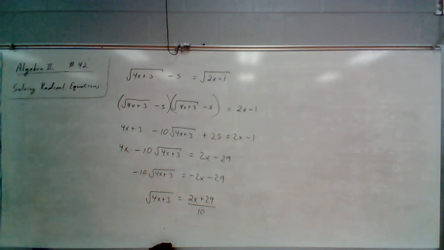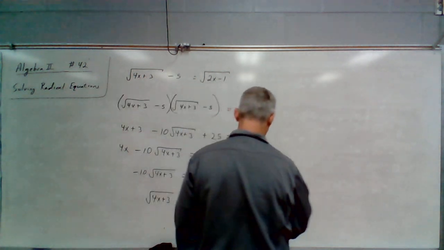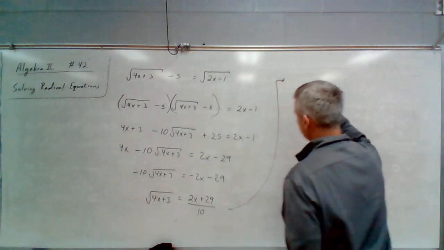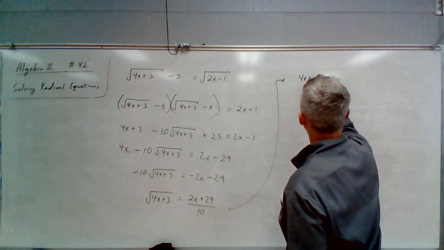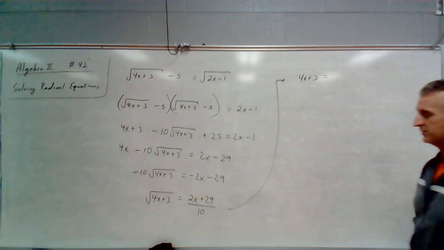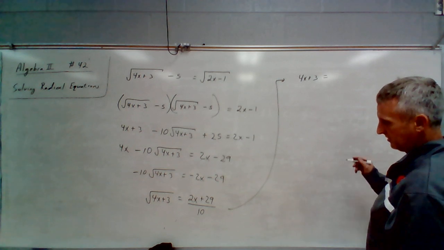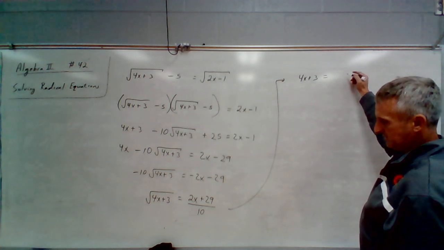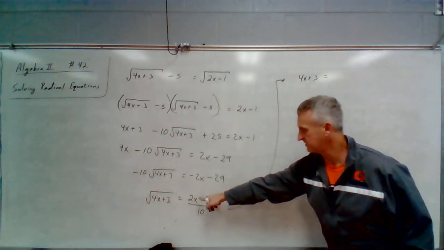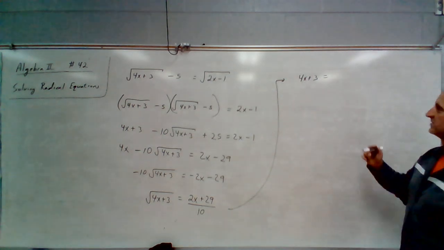All right, now, this is a mess. Now I can square both sides. And I get 4x plus 3 equals, square this side, and I will get, remember I'll have to do 2x plus 29 times 2x plus 29.